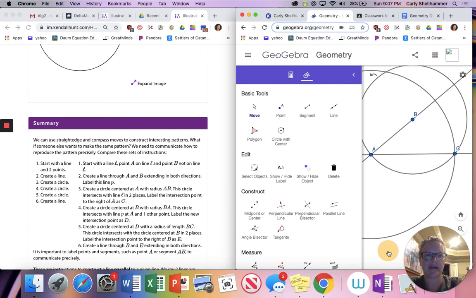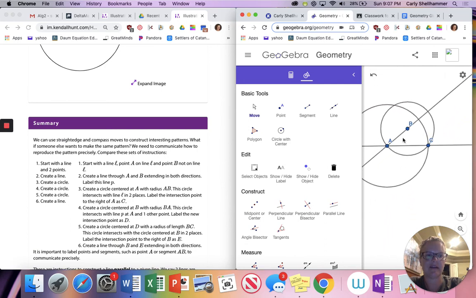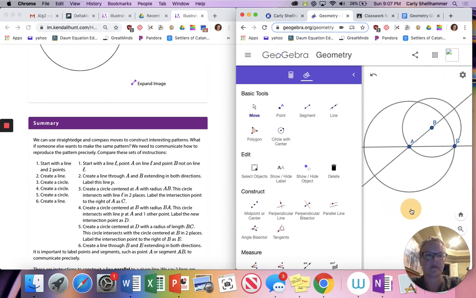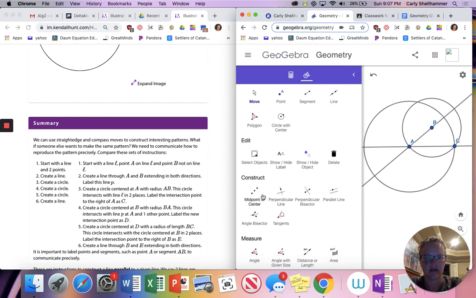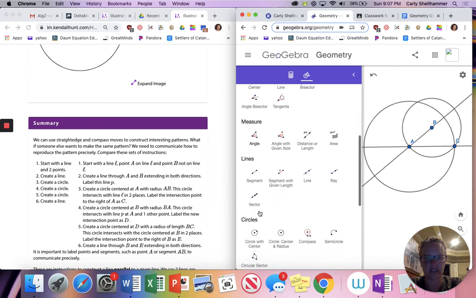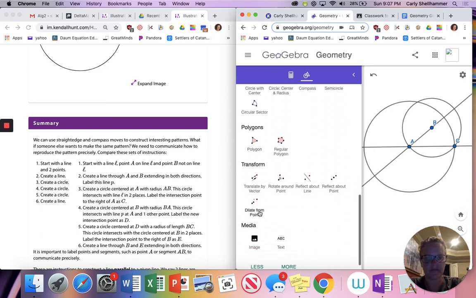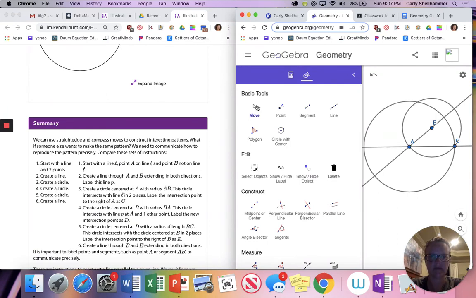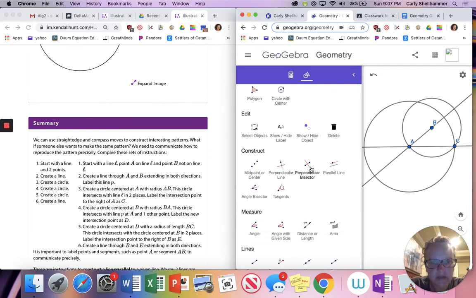So I need to drag my window down because I can't see a thing. I need to label this point right there, that intersection. Find my intersection function. Where is it? Perpendicular, midpoint.